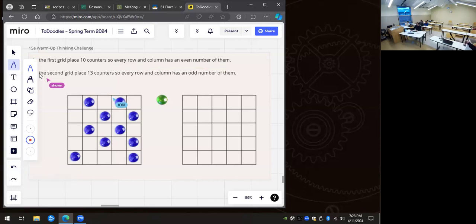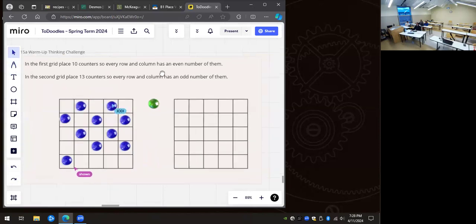So yes, this is even, 2, 2, 2, 2, so every row has an even number. Does every column? No, because this column has only 1, and that's odd. And this column has 3, and that's odd, so we're not there yet. So I've got ways to go to figure this one out. We're not gonna have time to solve this now, but now Sean is hooked, spend the weekend. Okay, gotta figure that one out.